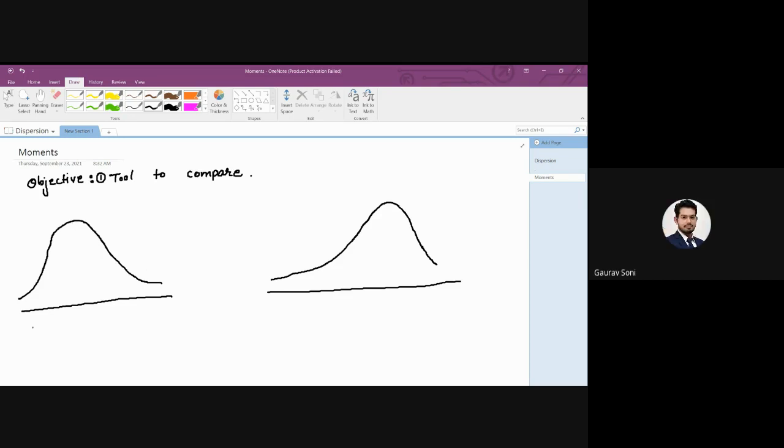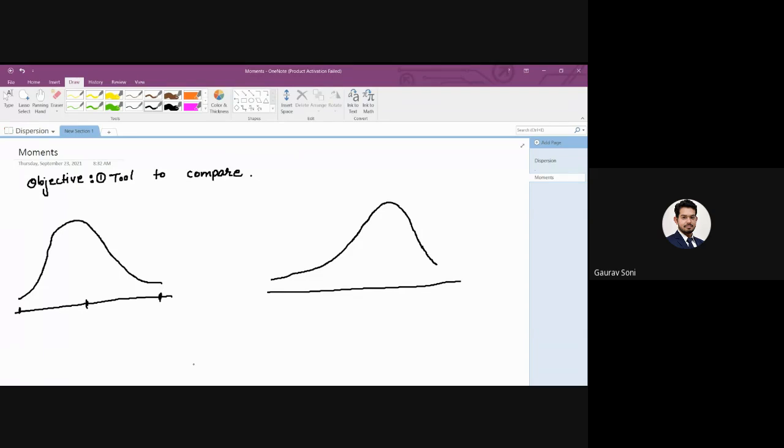These are the observations, and your observations are between these two points. When we talk about the mean of this data, it will be at the center of this observation, so it must be somewhere here.